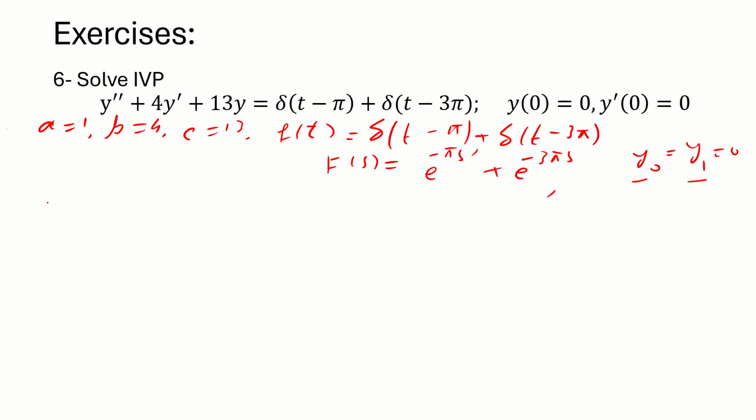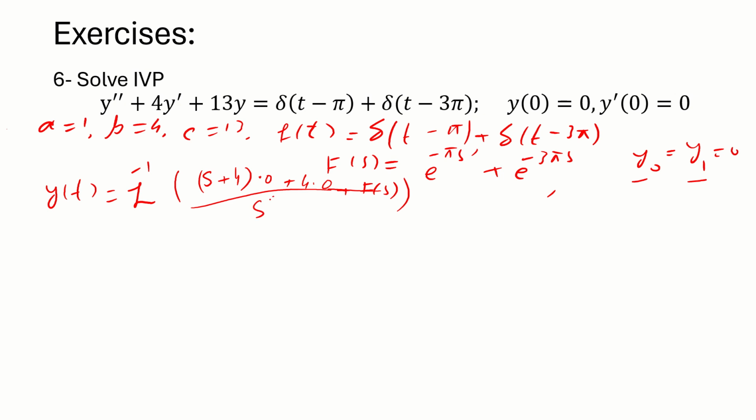So y of t, by using the formula, is the Laplace inverse of (as plus b, that means basically s plus 4, but y naught is 0, so that is 0, plus b into y naught, so b is 4 into y naught which is again 0), plus f of s divided by the complete characteristic equation, s square plus 4s plus 13.